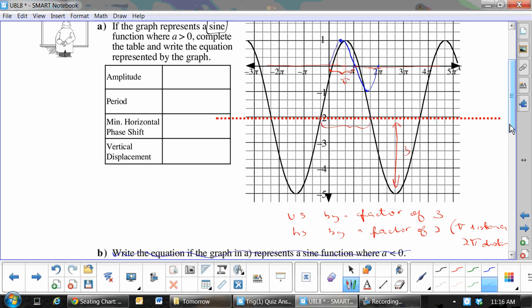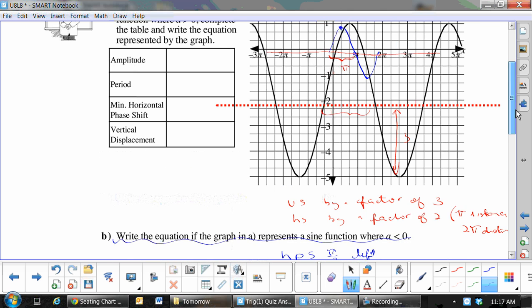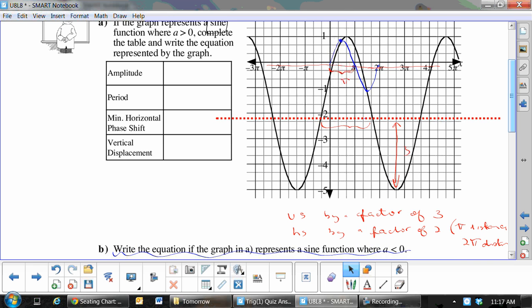Then you can tell it was moved down and to the left. How far? Pi over 3 left. Is each tick pi over 3? Yes, we established that already. So we do have a horizontal phase shift. Pi over 3 to the left. Okay, so remember, it was, oh, somehow my entire graph moved a little bit here.